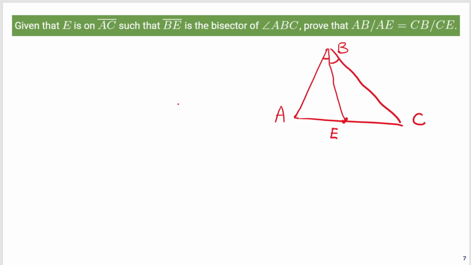So how about we draw an extra line here? From point C, we can draw a line, let's call it CX, such that CX is parallel with AB. How about that? And extend BE to a point.